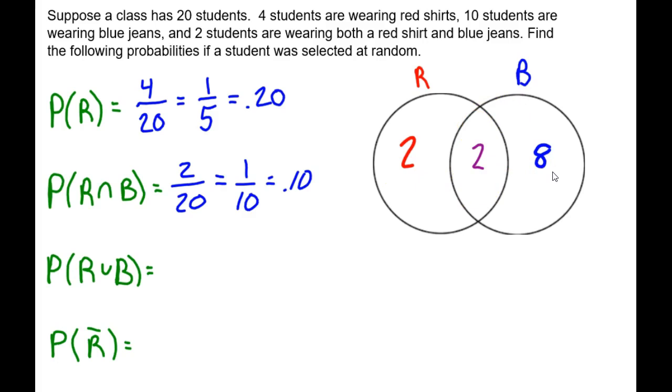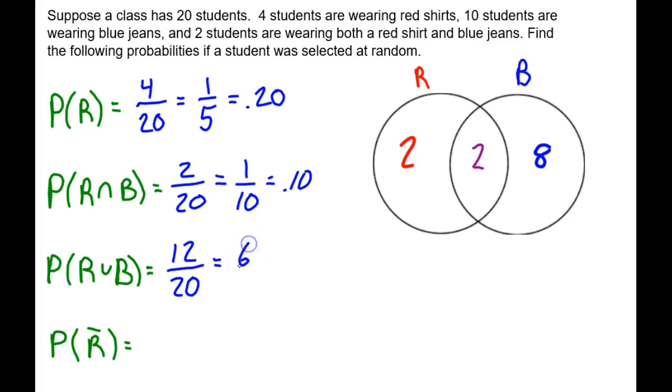Now, if I want to calculate this probability that I select a student that is wearing a red shirt or blue jeans, I just have to add up all of these values. So I'm taking 2 plus 2, which is 4, 4 plus 8 to get 12 favorable outcomes, divided by the total, which is 20.